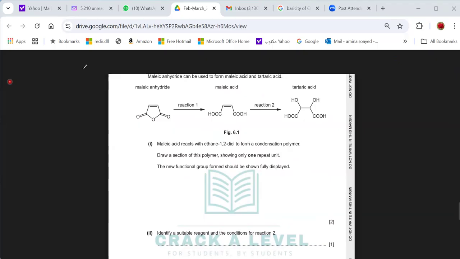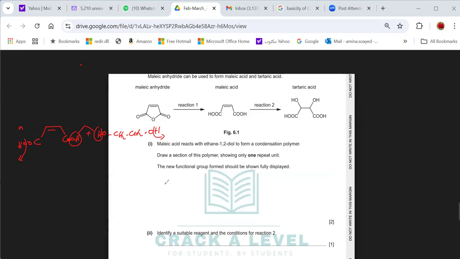Now, if you have the acid, which is this one, you have a COOH here and another COOH here, and you start with n of it, and you react with ethane 1,2-diol. It means that you are having this molecule. So we know that always the hydrogen goes out from the OH, and the OH comes out from the carboxylic group.